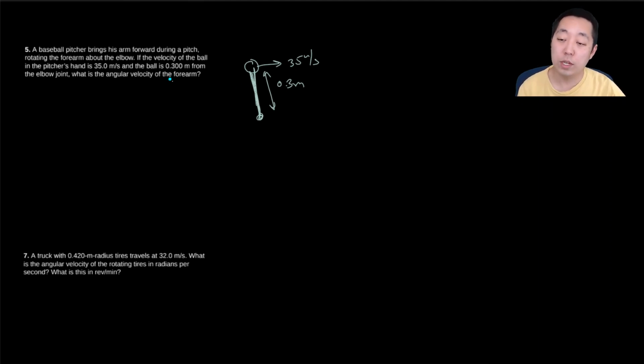So here's where an equation I would memorize: the linear velocity is equal to the angular velocity times the radius. In this case, I want to know what omega is. It's v over r. The linear velocity, which is the tangential velocity, is 35 meters per second divided by 0.3 meters.